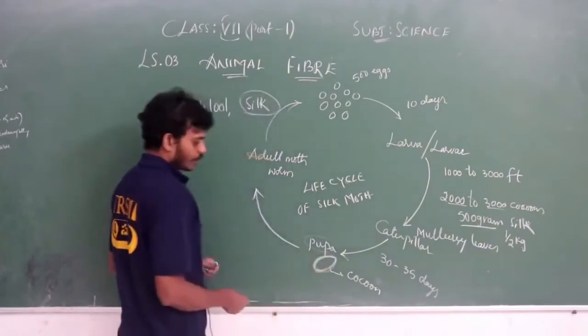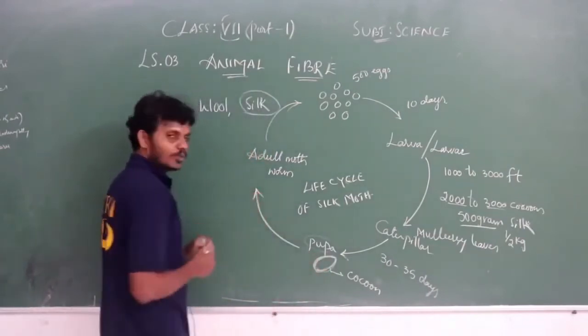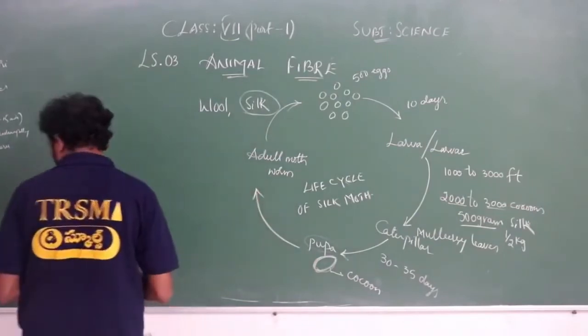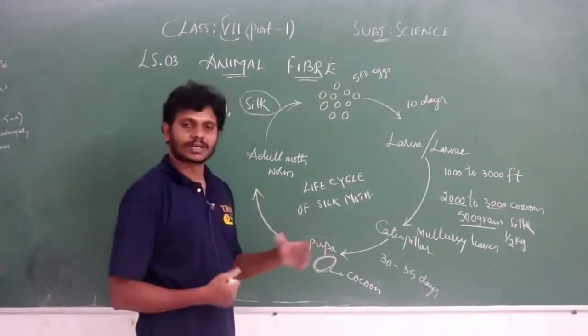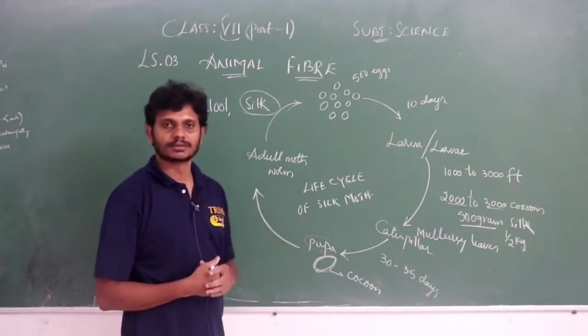So what these people do is dump all these cocoons into hot water. Why should they add them to hot water? We discussed already, I told you, to kill the organisms present inside.